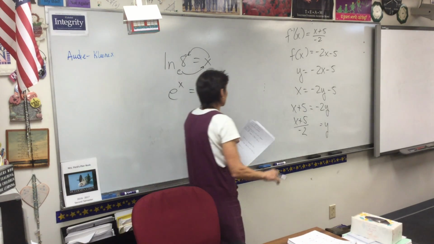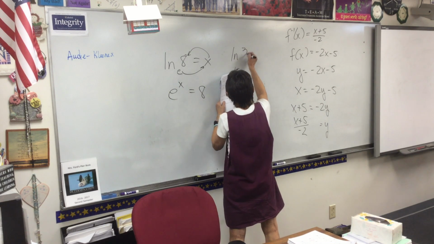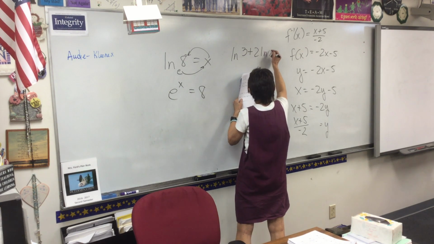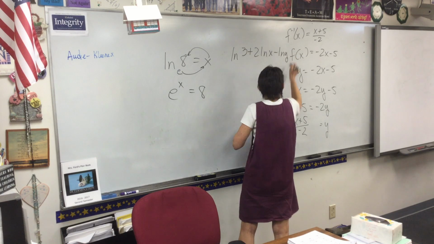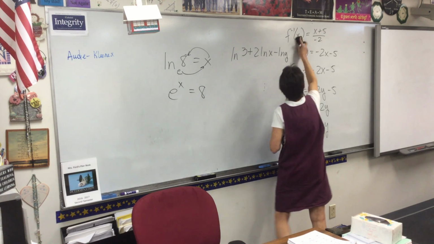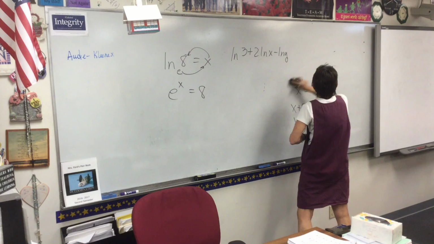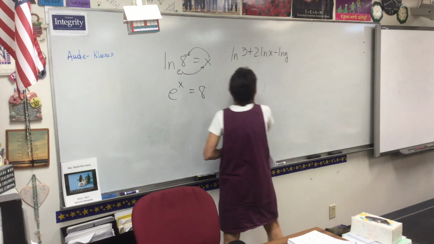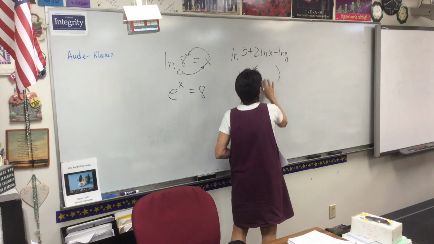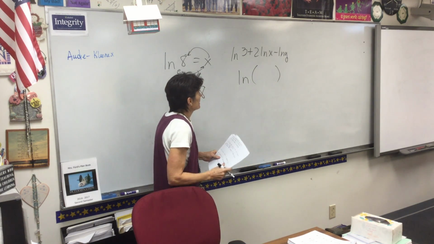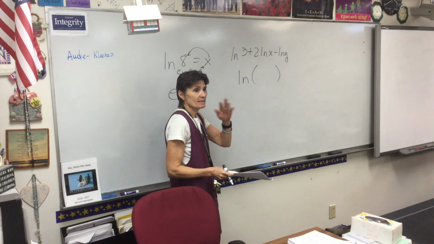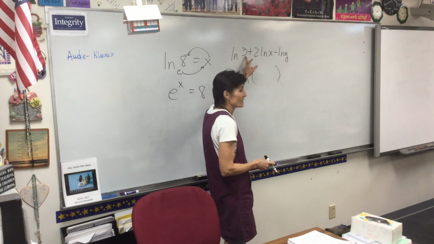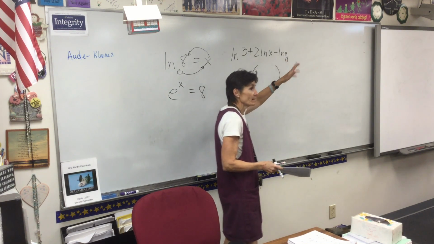Write as a single logarithm. Now, as a single logarithm, we mean one ln. So ln something. In the parentheses is going to go a 3, an x, and a y, right?